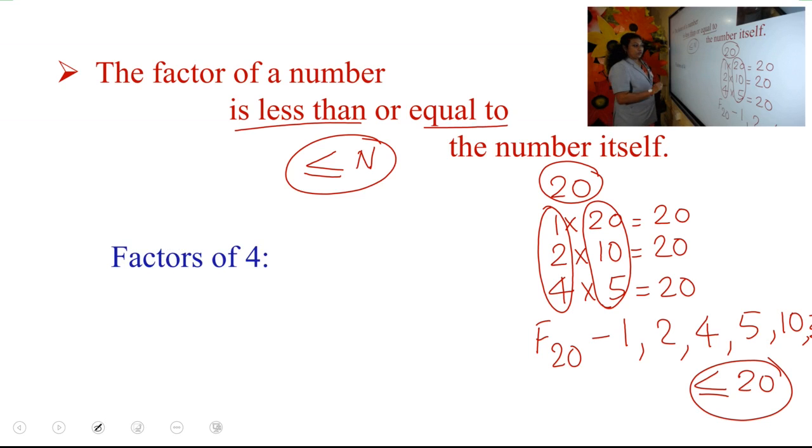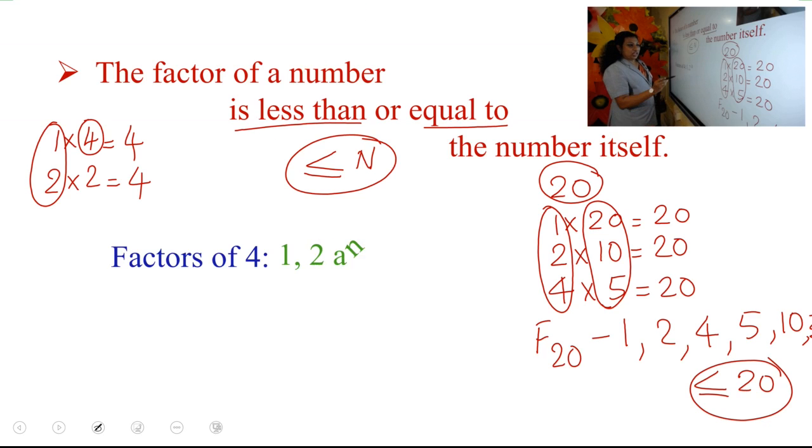Factors of 4. Which are the factors of 4? 1 into 4 is equal to 4. 2 into 2 is equal to 4. Any other number? No. So, here we'll take only 2 one time. Here 1, 2 and 4 are the factors of 4.